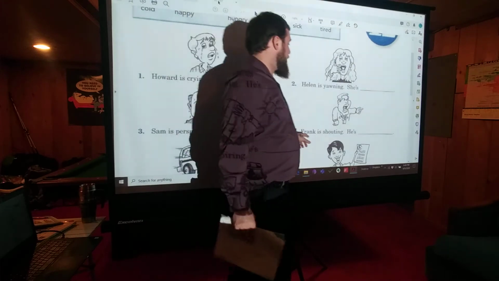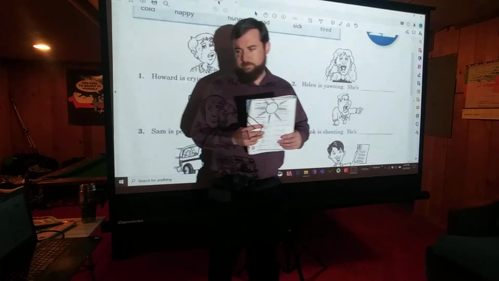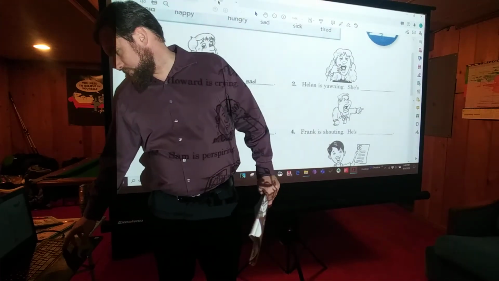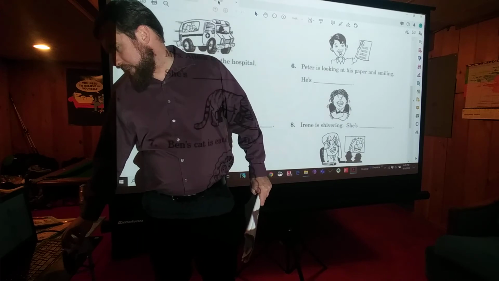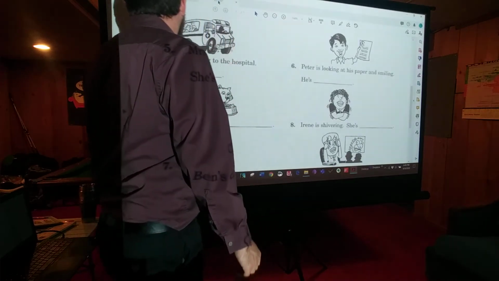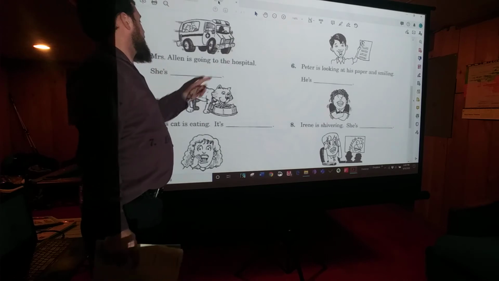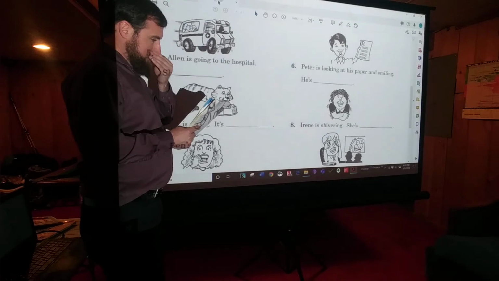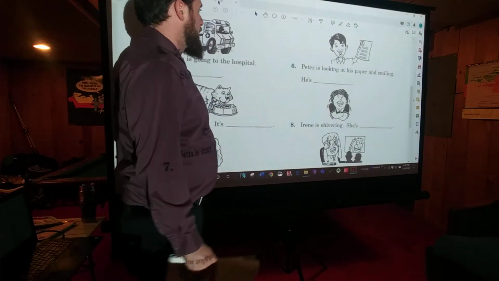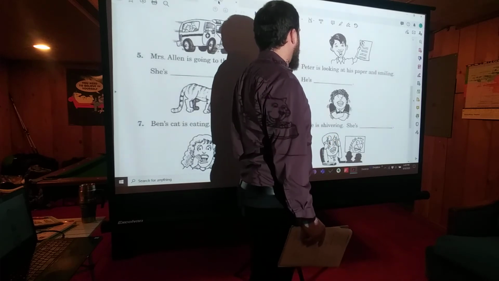Number 4. Frank is shouting. He's angry. Number 5. Mrs. Allen is going to the hospital. She's sick. Number 6. Peter is looking at his paper and smiling.